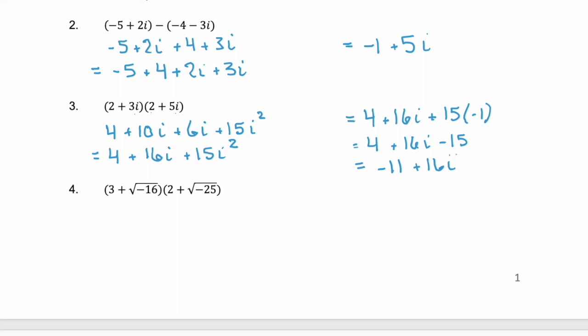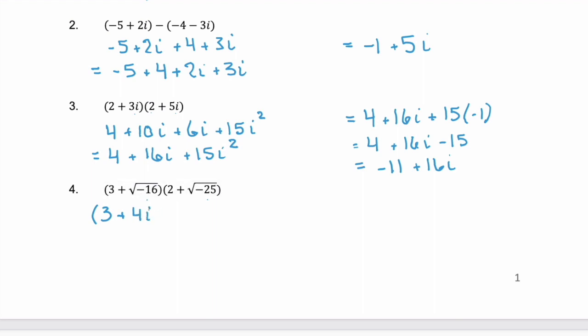Now look at example 4. We can start with FOIL, or we can try to simplify these radicals that we have. I suggest simplifying the radicals, especially since 16 and 25 are perfect squares. So the first binomial becomes 3 plus 4i.